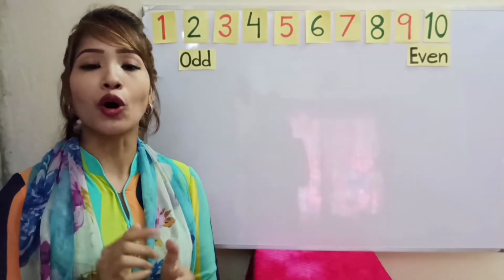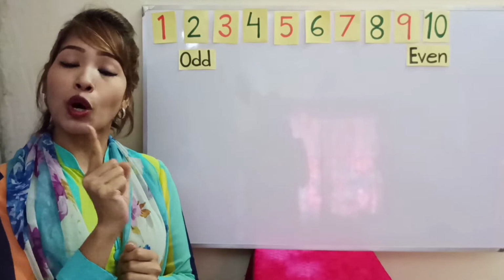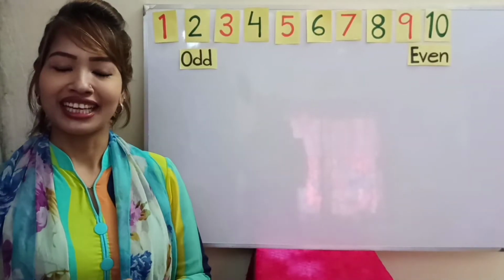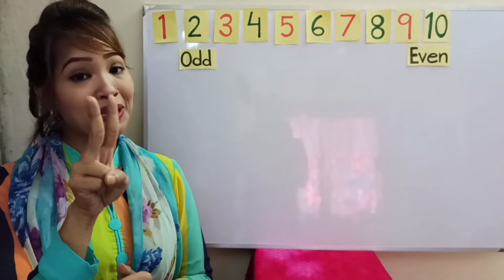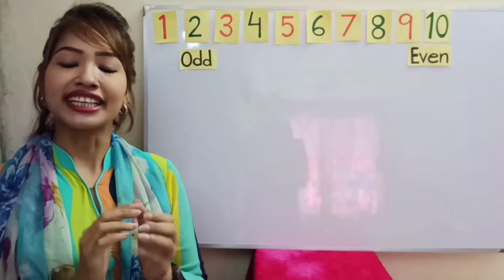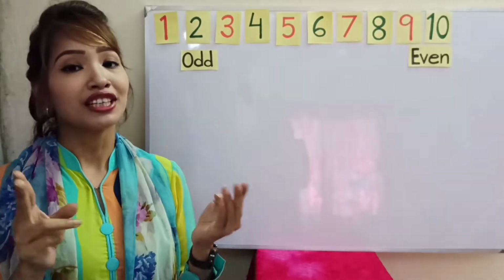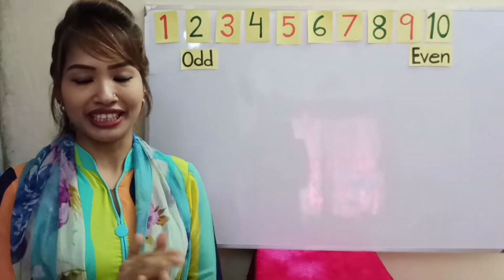In an odd number, there will always be one object left. And even numbers always have pairs, and can be shared equally between two children.